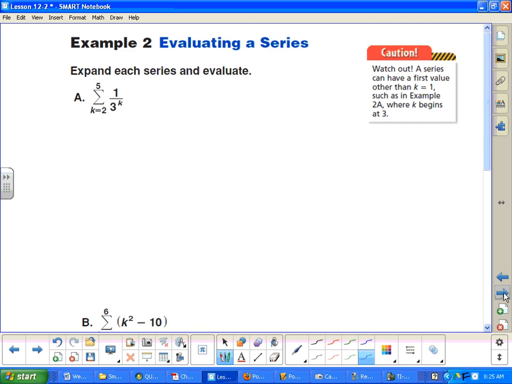So evaluating a series. If they give me a summation notation and they ask me to evaluate it, that means I'm just going to find the answer. Here they're asking us to expand it and evaluate it. So that means we have to write it out, write the complete thing out, and then find the answer.